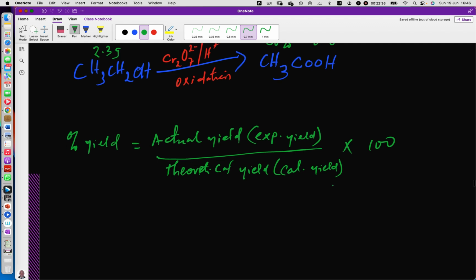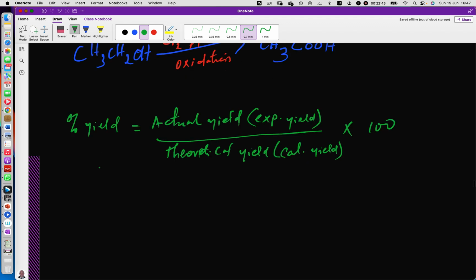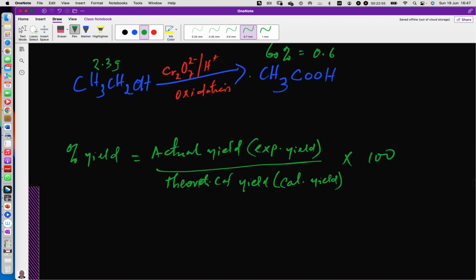So in this case, we have been given the percentage yield, the equivalent of which is 0.6.